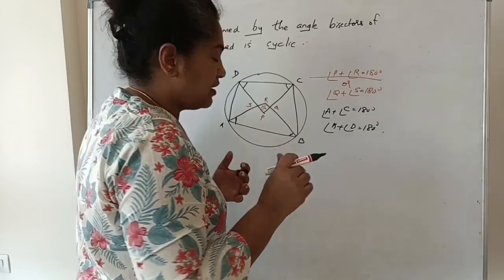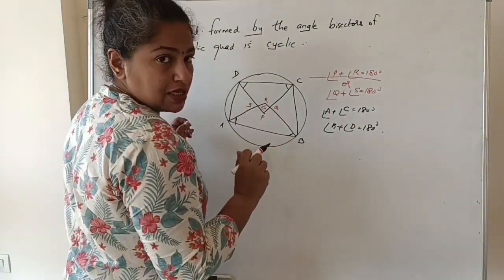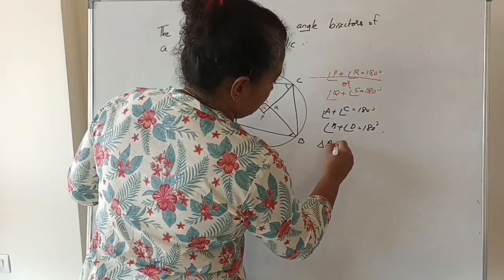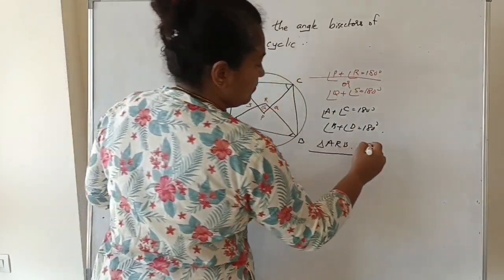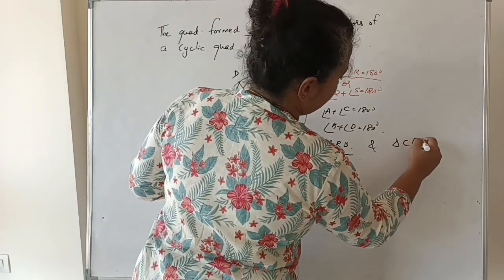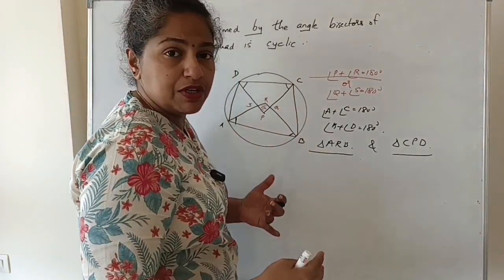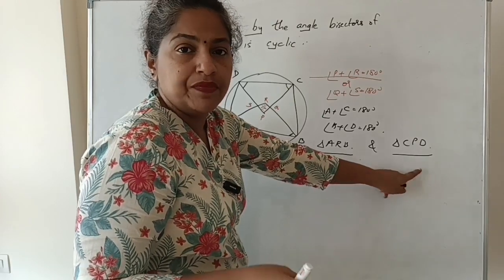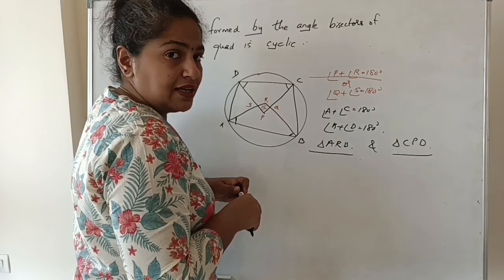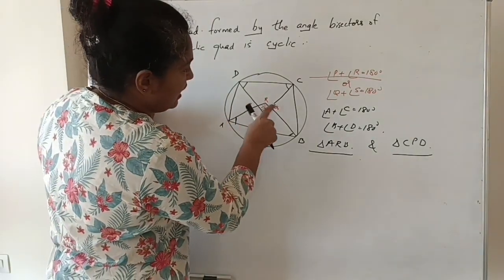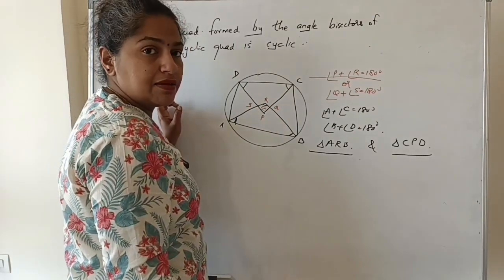Okay, in order to include P and R, I have to take some triangles. I will take ARB, I will include R over here, and I will take CPD, because the angles that I need, P and R, are present in these two triangles. Now I am going to write the statements for these two triangles. Sum of the angles of a triangle is 180 degrees. So in triangle ARB, I know this angle plus angle R is 180 degrees.